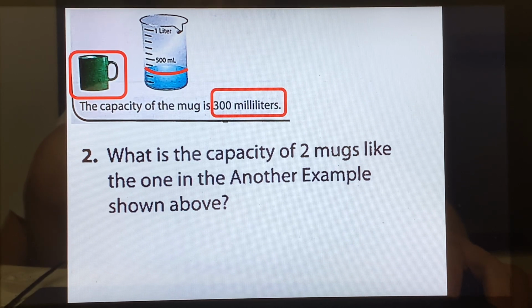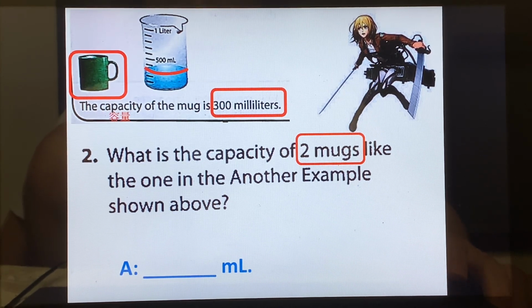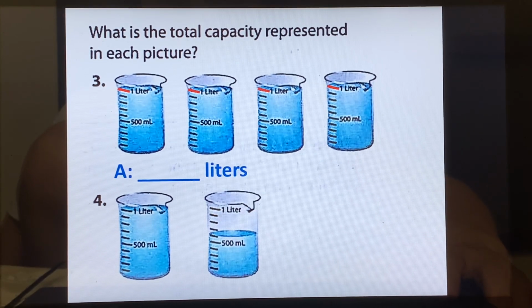What is the capacity of 2 mugs, like the one in the example shown above? Since one mug has a capacity of 300 milliliters, 2 mugs will have how many milliliters for its capacity? Write the answer. Number 3. What is the total capacity? Write the answer.